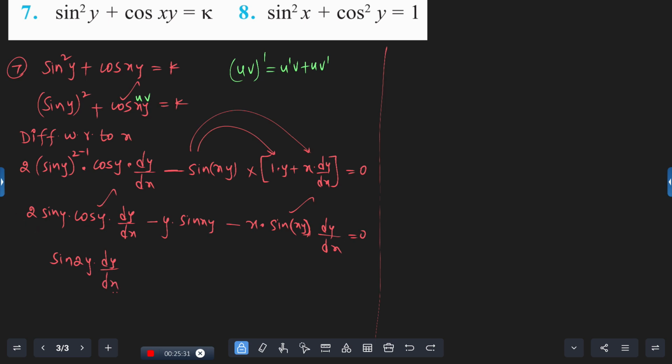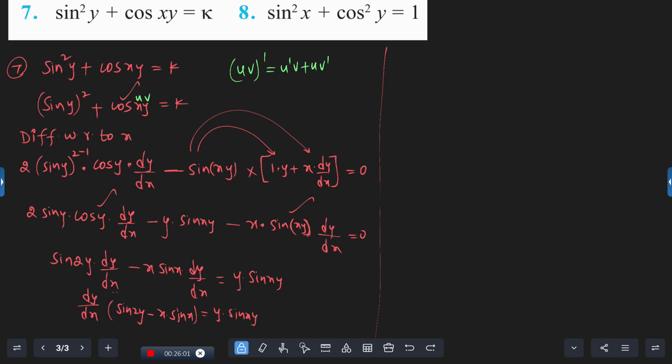Next, minus x sin xy into dy divided by dx. The terms without dy by dx I'm sending to the opposite side. A minus term sent to the opposite side becomes positive, so y sin xy. Now take dy by dx outside. If you take dy by dx outside, I'm getting sin 2y minus x sin xy, which is equal to y sin xy.